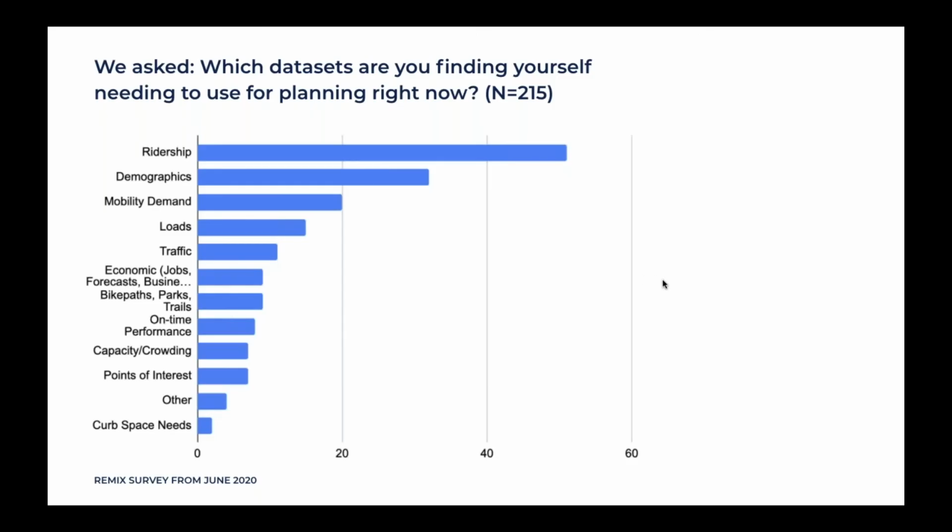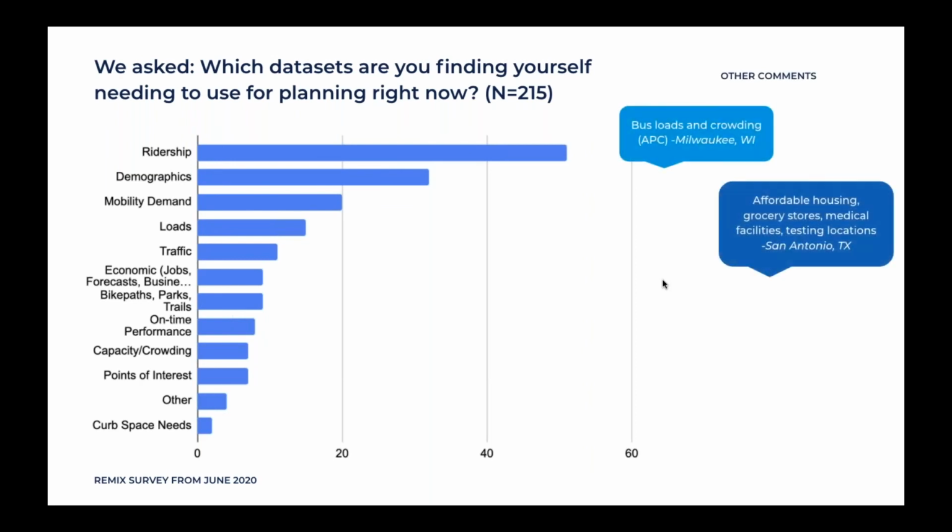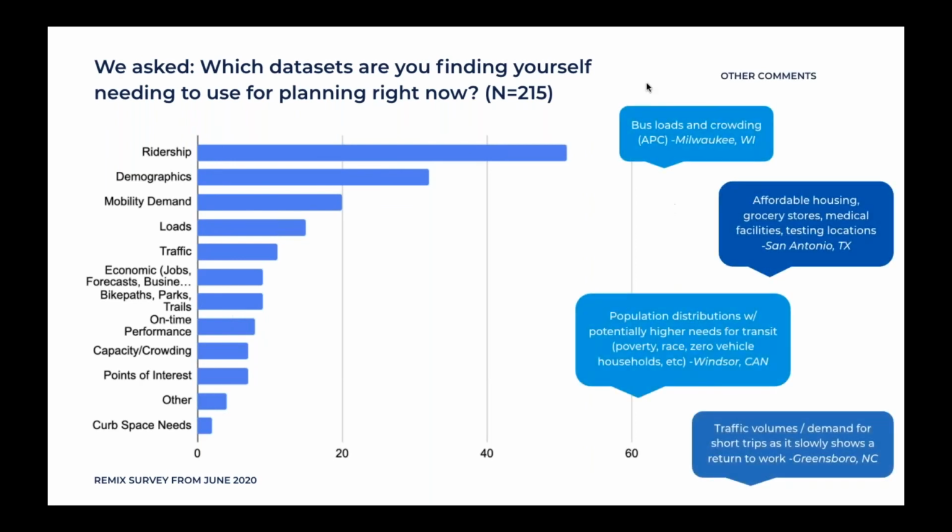This is a survey that we deployed in June, and the comments really show that what cities care about right now is mobility needs, such as getting people to and from affordable housing, getting them to grocery stores and medical facilities, that crowding on transit is an issue, and demand for short trips is on the rise.